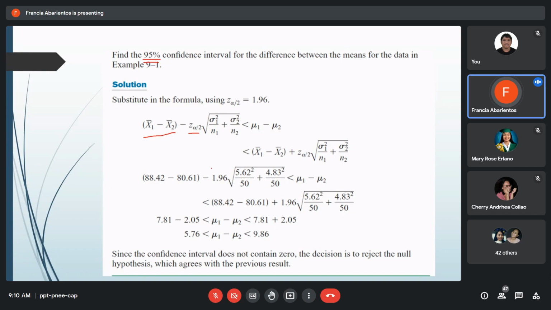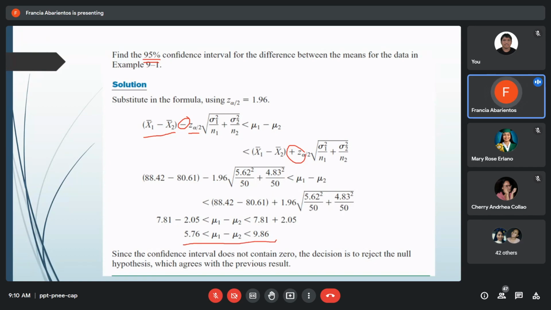Ano yung alpha over 2 natin? That is now given the table. Okay. Just need to subtract properly. Minus dito sa kabila, plus dito sa kabila. Simplifying. Ito na class yung magiging value niya.